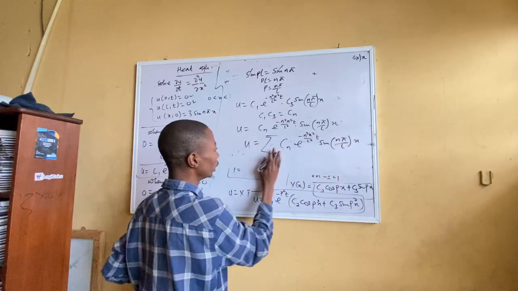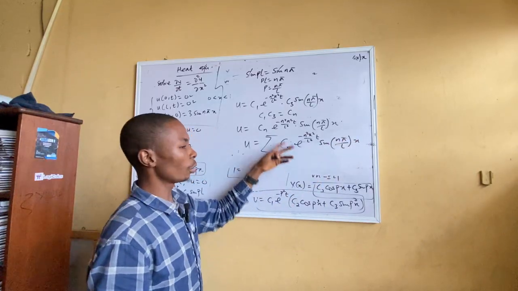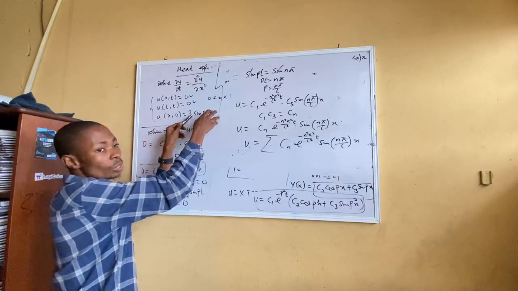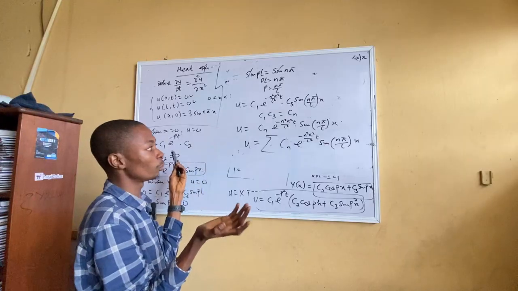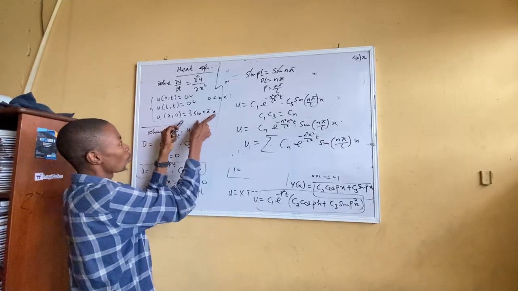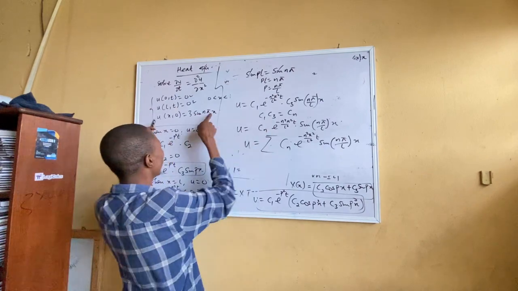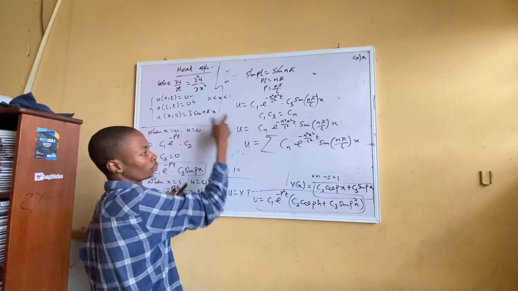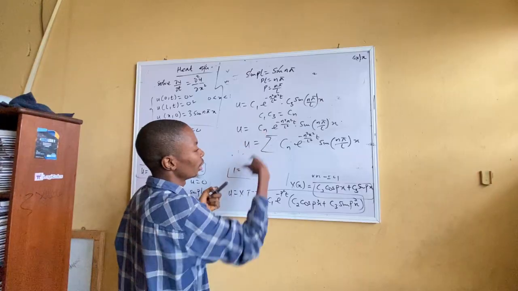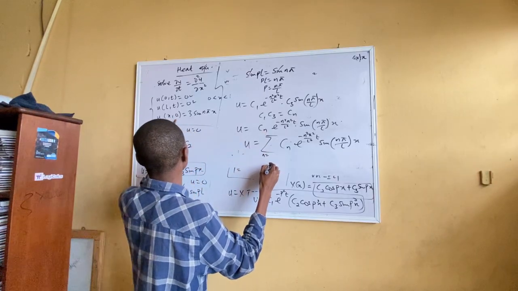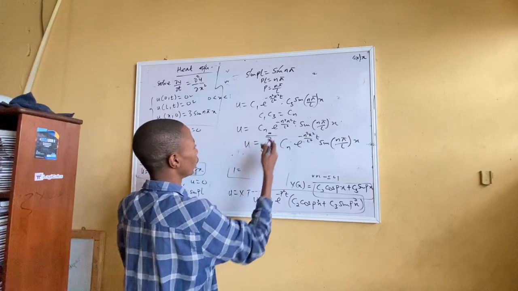You might be wondering why I used summation here and did not use it in my previous example. Because in that previous example, the last condition is just f of x, just a function we don't know. But here, u of x from 0 is already something, sine pi, so we can count. When you already know it as a known function, you introduce summation, Cn, with n starting from 0 to infinity or wherever.